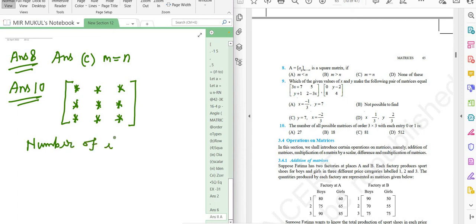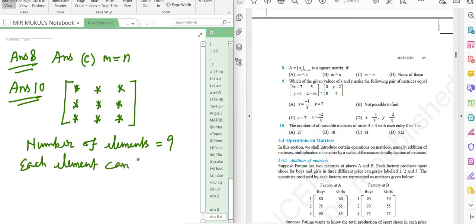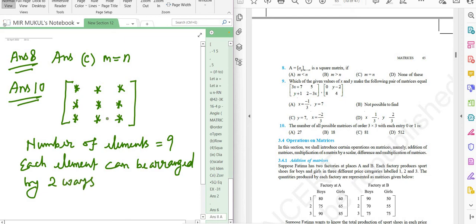Number of elements, how many? 9. And each element can be arranged in two ways, either 0 or 1.